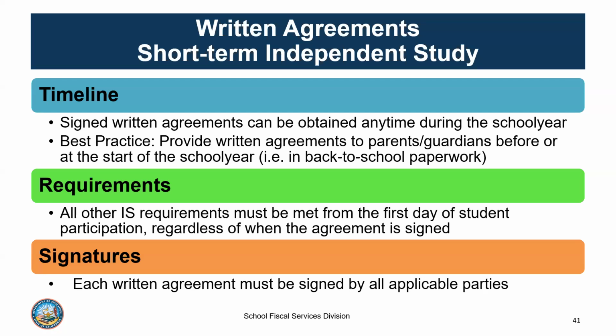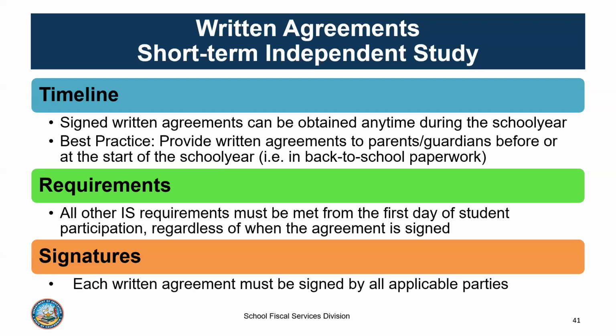It is important to note that while the timing of collecting the signed written agreements is more flexible, all other independent study requirements must still be met from the first day of the student's participation, regardless of when the written agreement is signed.